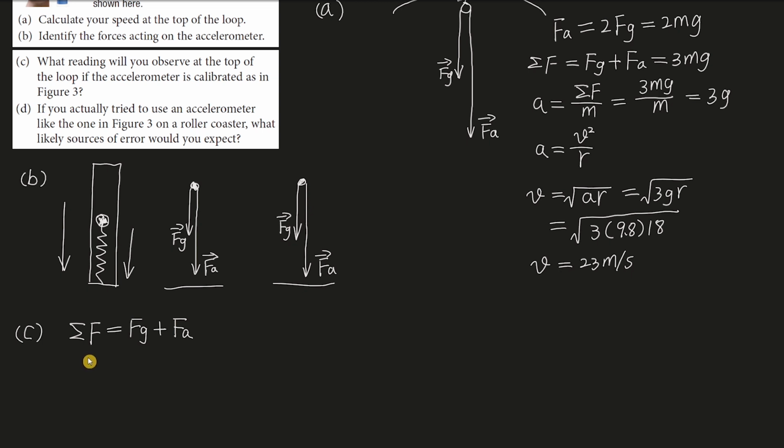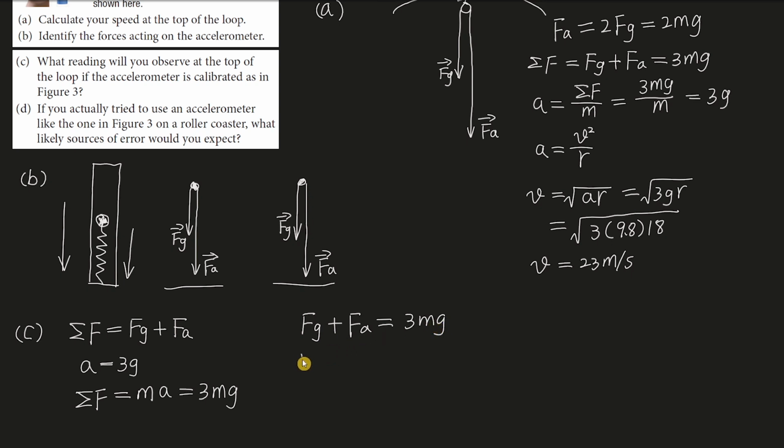And also we know that at the top of the loop, the acceleration equals 3g. Sigma F also equals the mass of the ball multiplied by the ball's acceleration, equals 3mg. So we know Fg plus Fa equals 3mg.